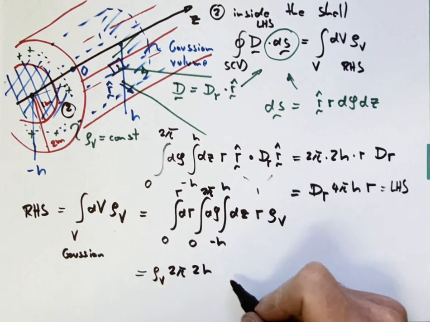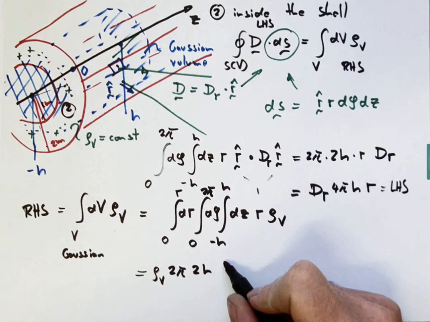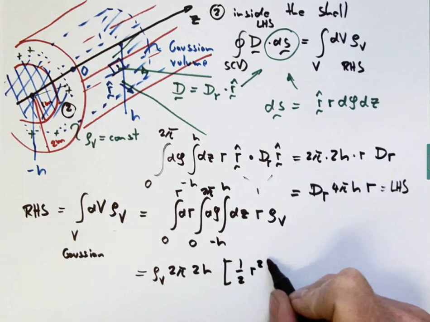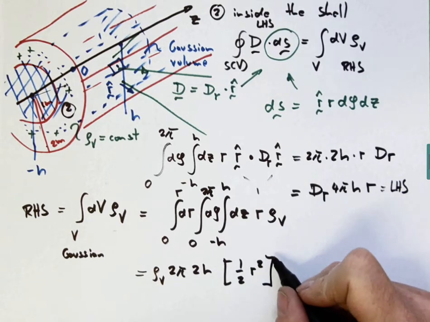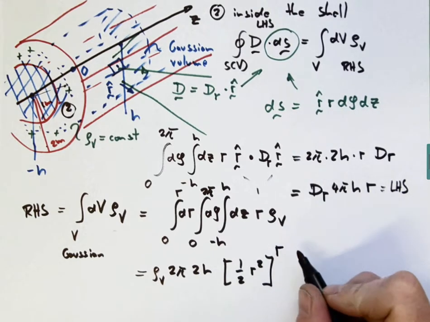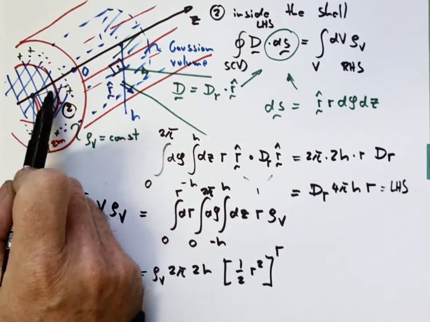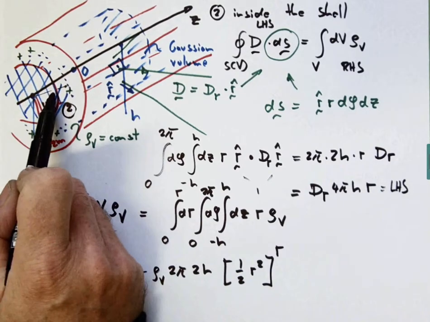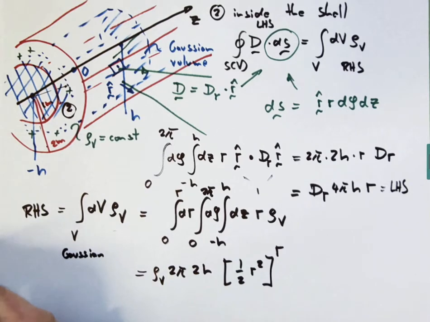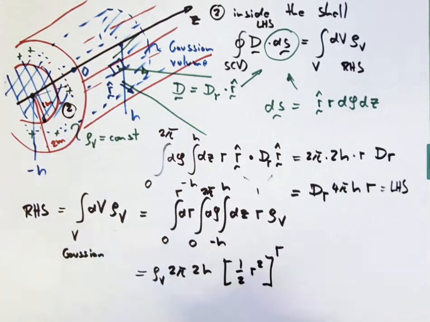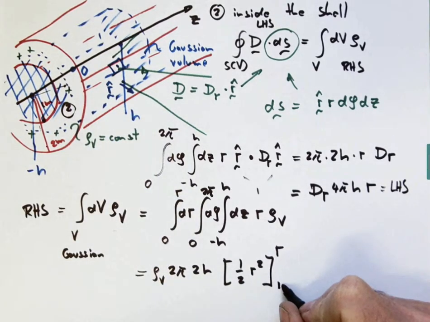The integral of the r integration is 1/2 r squared, and we integrate to r, and we realize now that between 0 and 1 meter there are no charges, so that will just be a 0 contribution, but the charges start at 1 meter, so therefore the limit here is 1 meter.